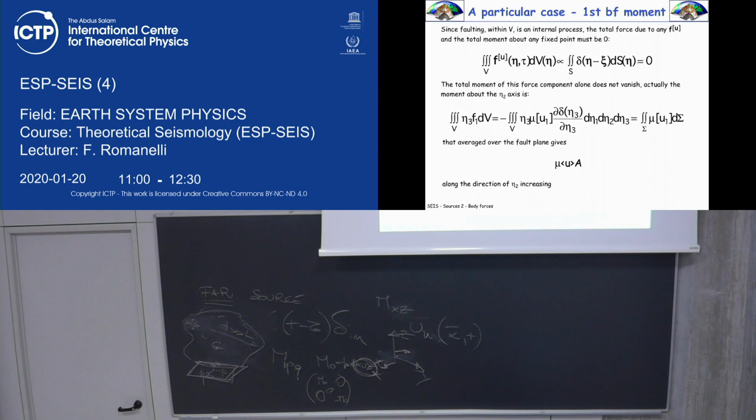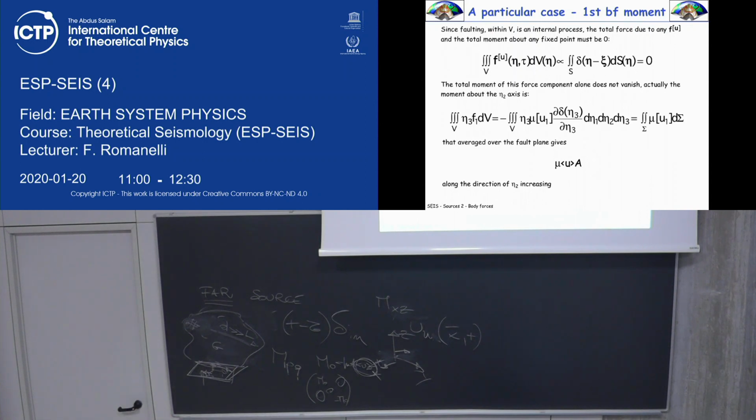If you compute the total moment, and it's messy, of this set of forces that are acting along 1 with an arm, it has a total moment. It's positive, and it is mu times the average slip times A. Oh, it's plus M0. Okay, good.